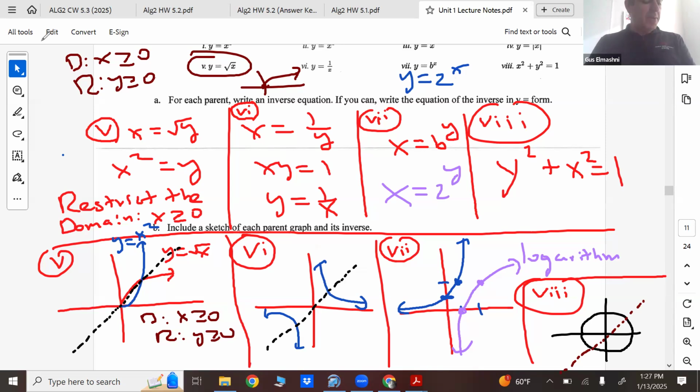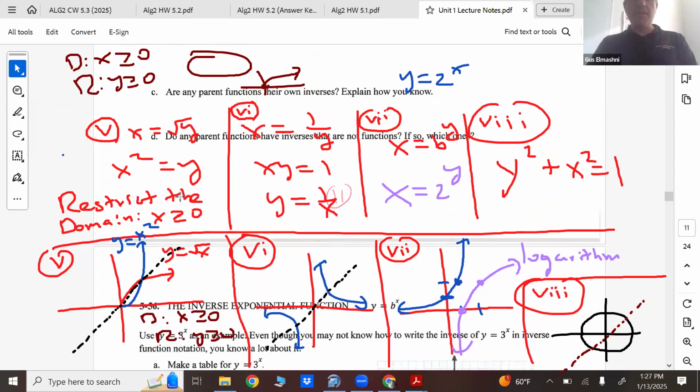Okay, so part C: are any of them their own inverses? Yes, that'd be true for 6 and 8. Explain how you know: because y equals x goes right through the middle of it, or its inverse is the same thing. The inverse is the same graph. It's 6 and 8, yes, correct.